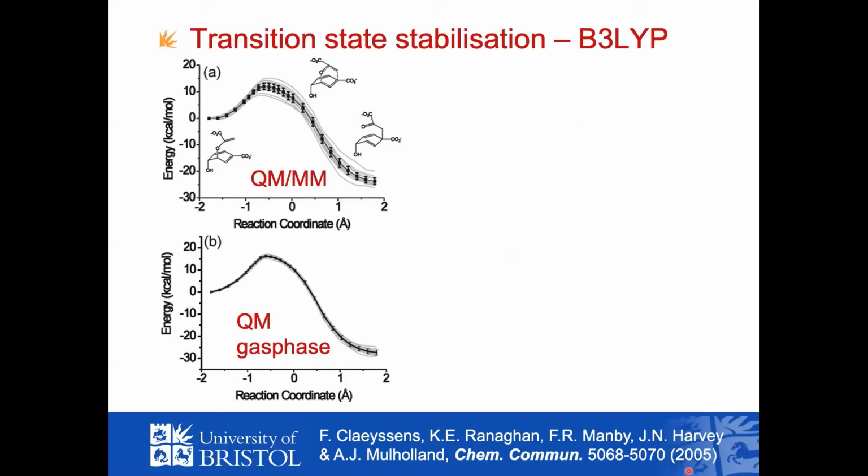So this is now going back quite a few years, 2005. And B3 was then still a very, very commonly used DFT method. And with that method, we did essentially the same as we've seen today.